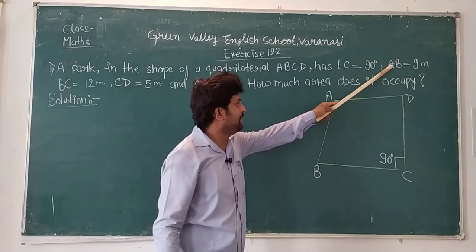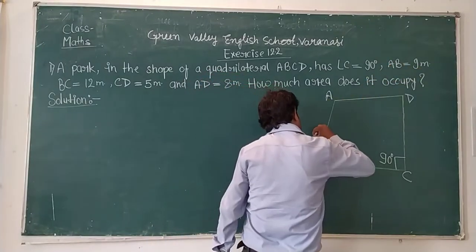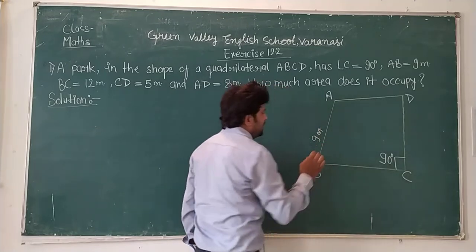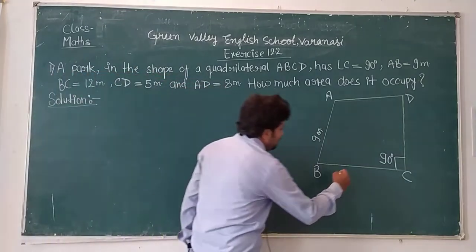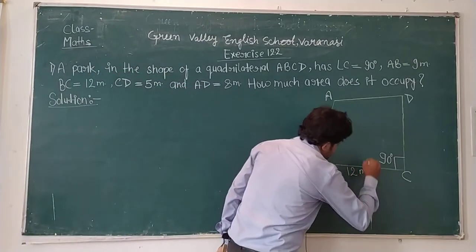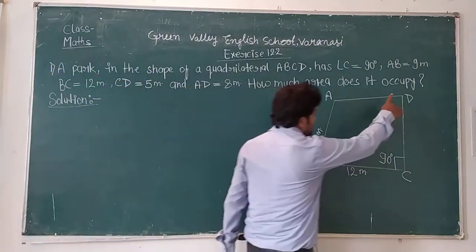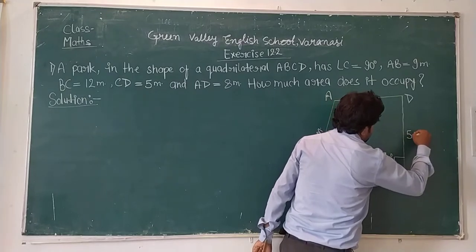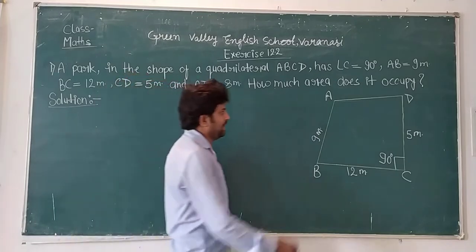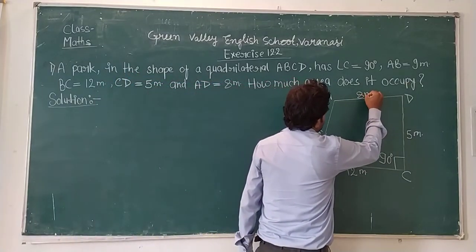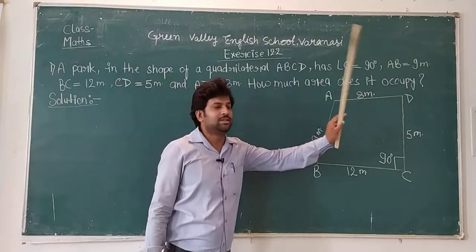AB is equal to 9 meter, BC is equal to 12 meter, CD is equal to 5 meter and AD is equal to 8 meter. Then how much area does it occupy?